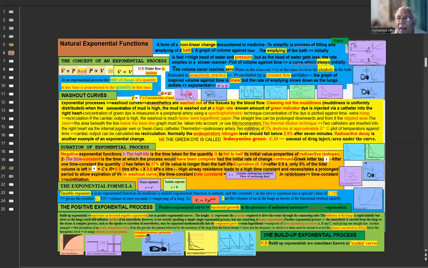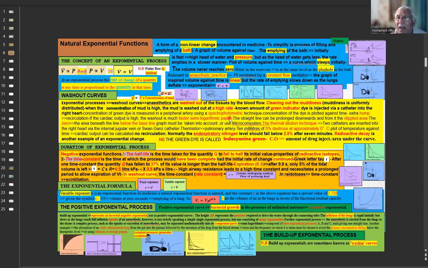Of course, I can estimate the quantity of the mud by multiplying the volume of the tap by the concentration of the mud. So this is an exponential function which we utilize to measure the cardiac output. In anesthetics, the washout of tissues by an indicator is as if I had filled the chambers of the heart with mud, and I'm beginning to clean up this mud.